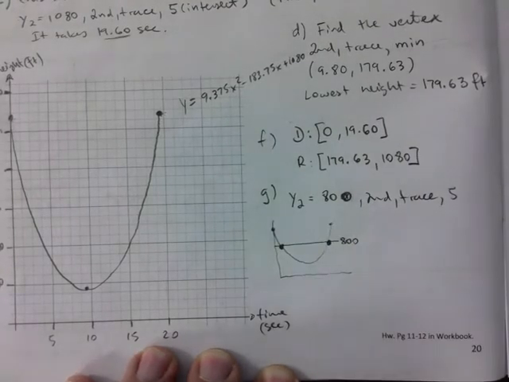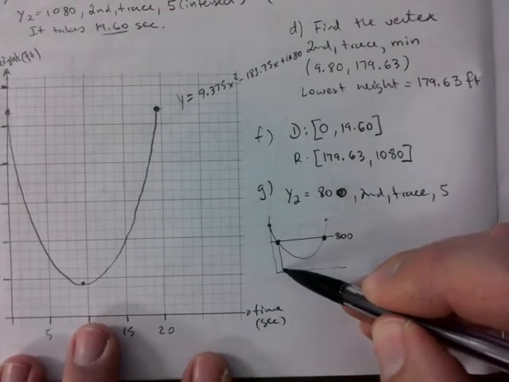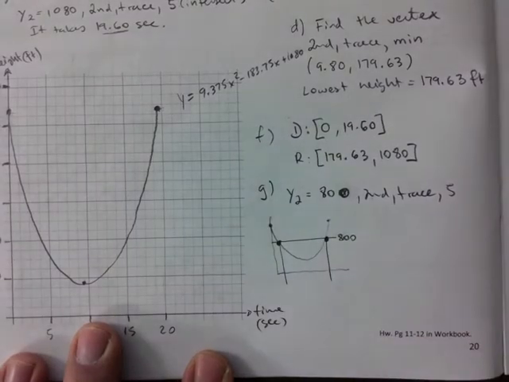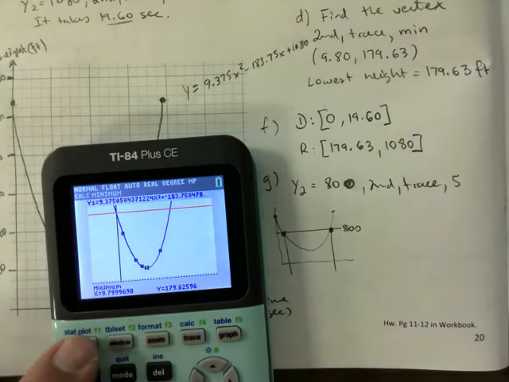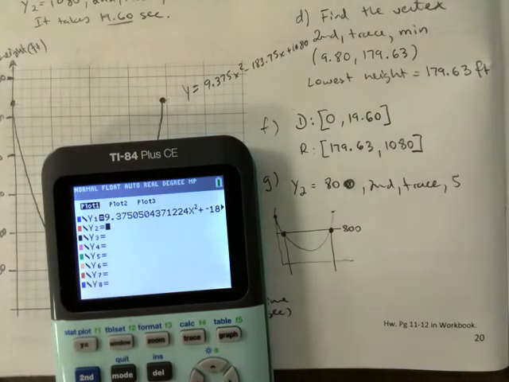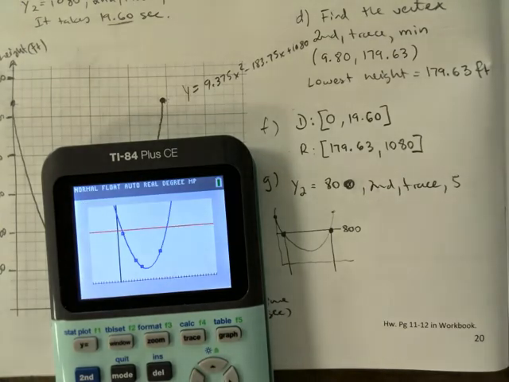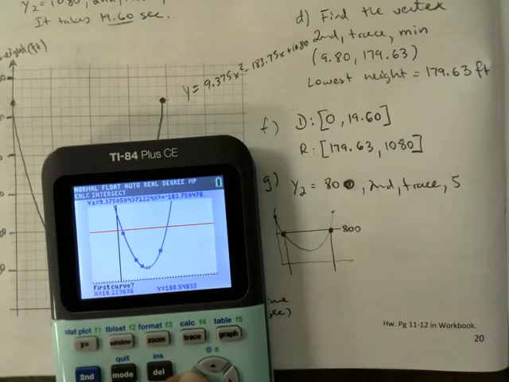This is actually a little trickier than what you think, but we're going to proceed the same way as before. We're going to figure out this time, and we're going to figure out this time, okay? Ready for it? So you make y2 equal to not 1080, you make it 800. Let's figure out those times, because that's going to get us closer to our answer.